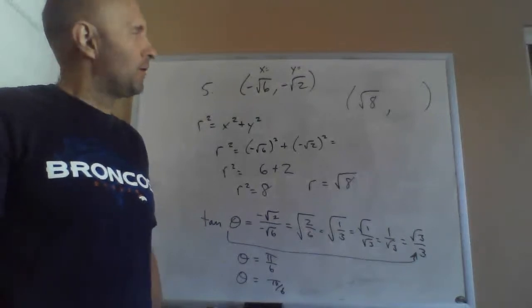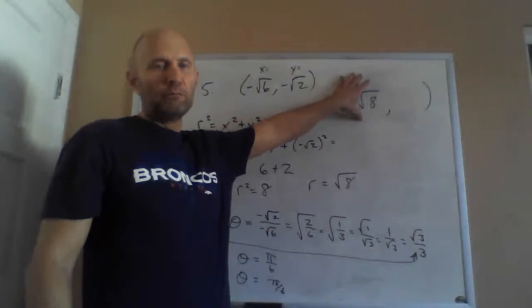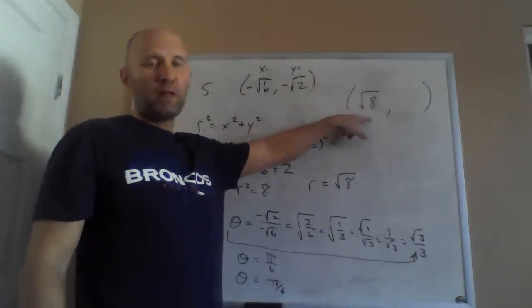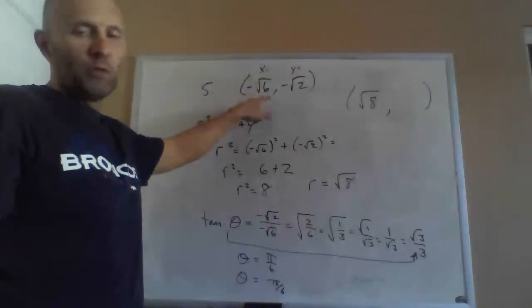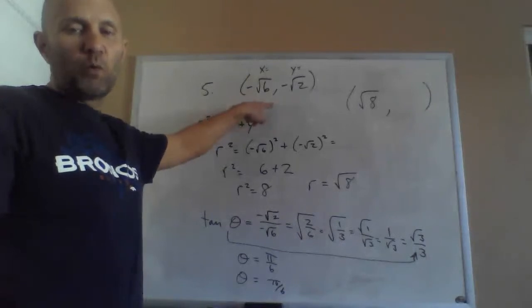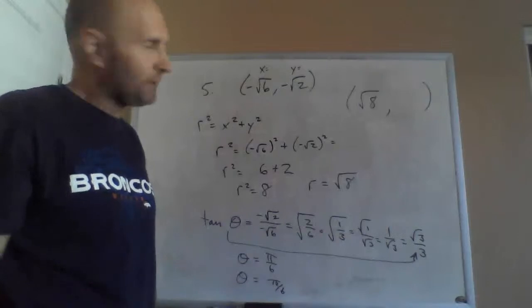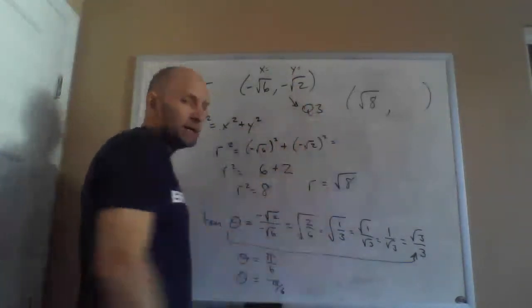So let's think about what I'm doing here. I'm converting this point to polar coordinates. It has to plot to the same location as what I started with. Well, the point that I was given, what quadrant is this point in? Negative root 6. Yep, there we go, Rhea. Perfect. So this guy is in quadrant 3.